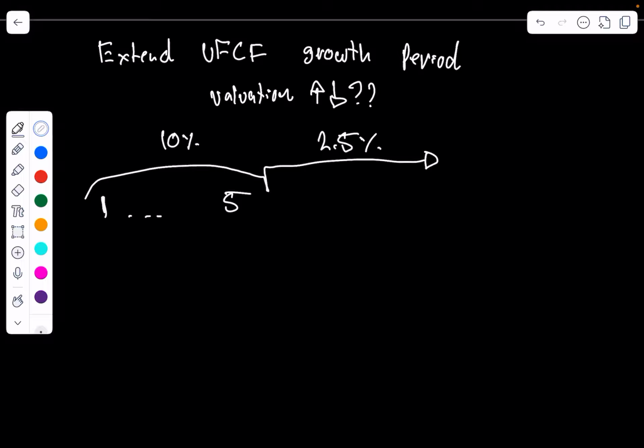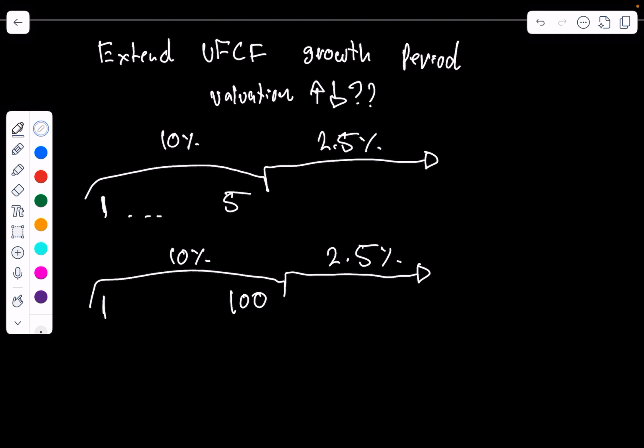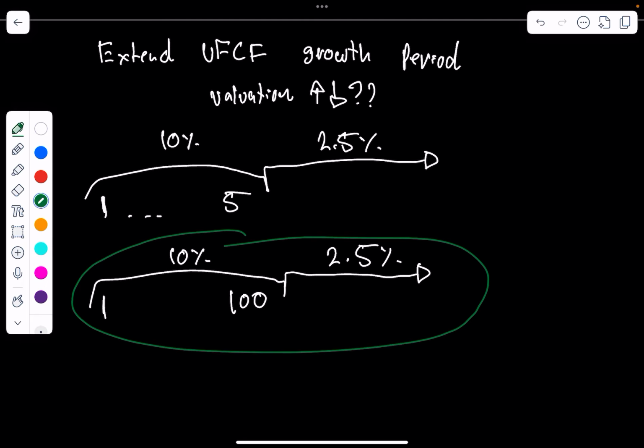And let's look at a hyperbolized example of extending the unlevered free cash flow growth period. Let's say we have a company from years 1 to 100. It has a growth rate of 10%. And then from years 100 forward, it grows at 2.5%, right? Which company is going to be worth more? Well, obviously it's this one, right?